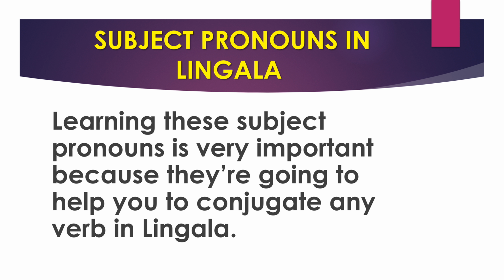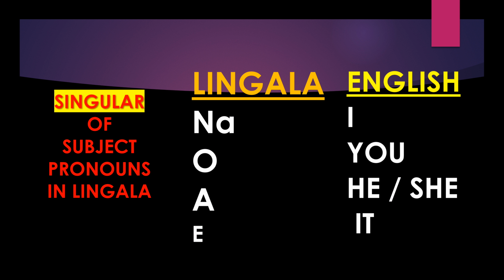First of all, I want you to know that we have two types of subject pronouns in Lingala. We have the singular form and the plural form. The singular form are na, o, a, and e.